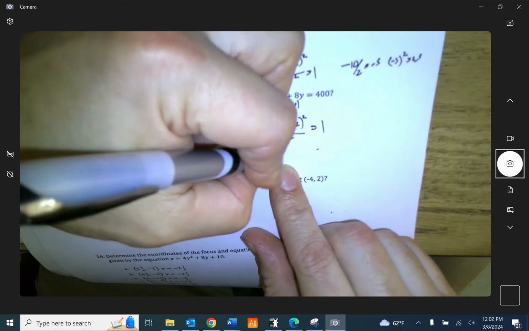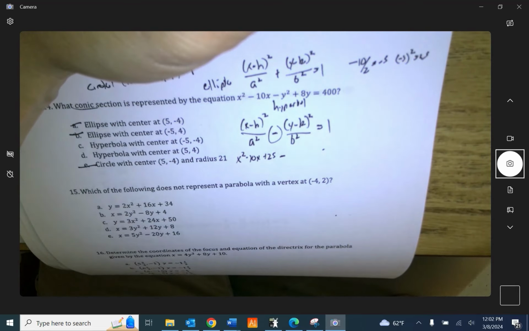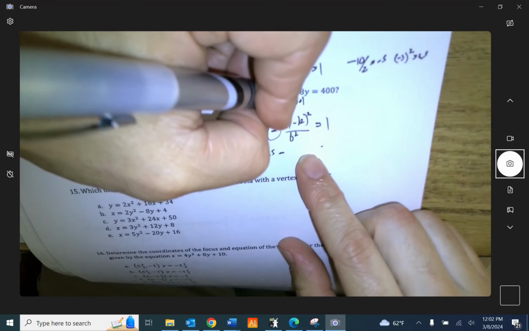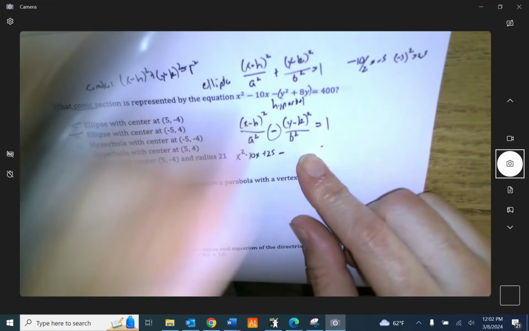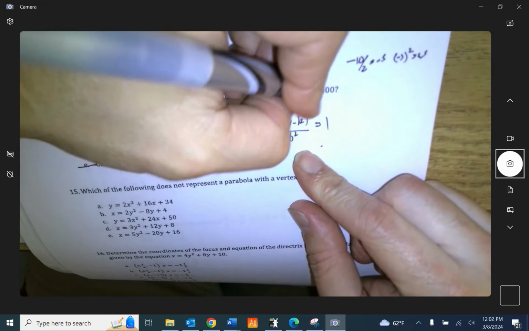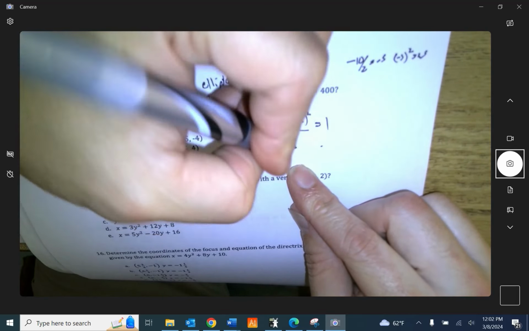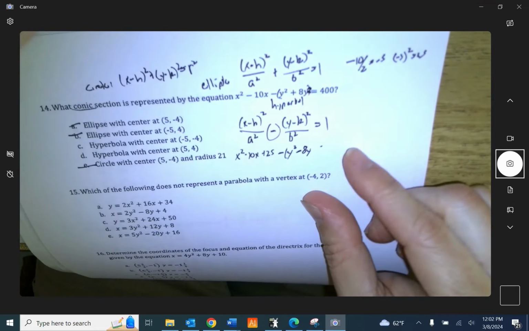Then I have a minus sign. If I pull that minus sign, I'm trying to make both these. This actually becomes y squared. I'm pulling it from both, minus 8y.